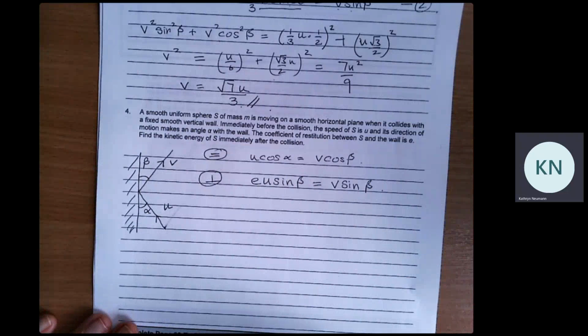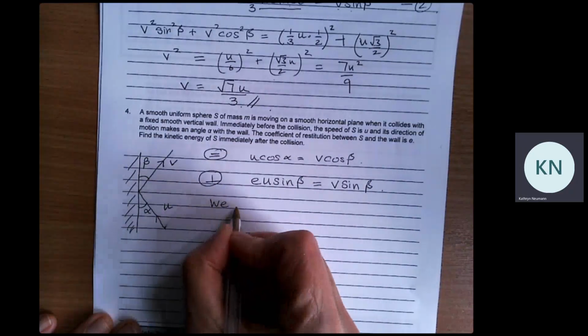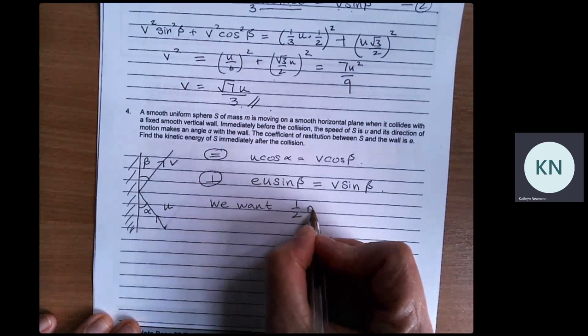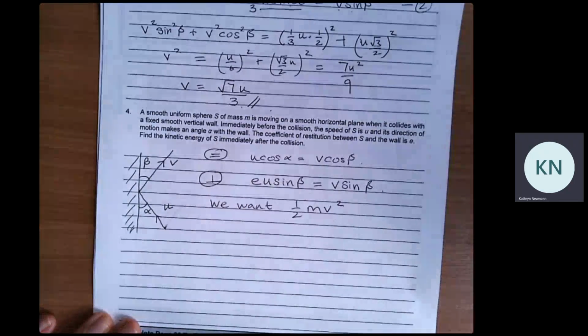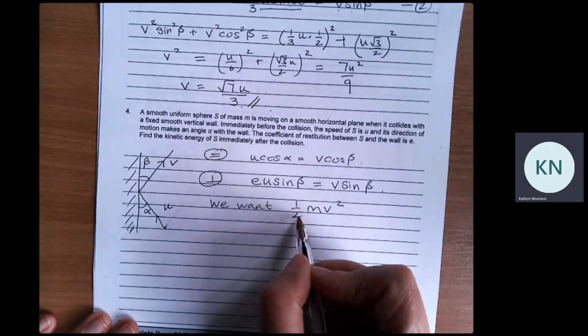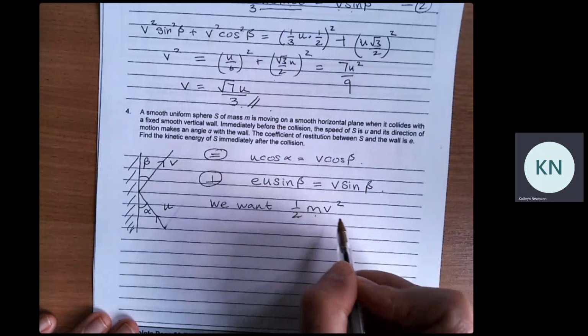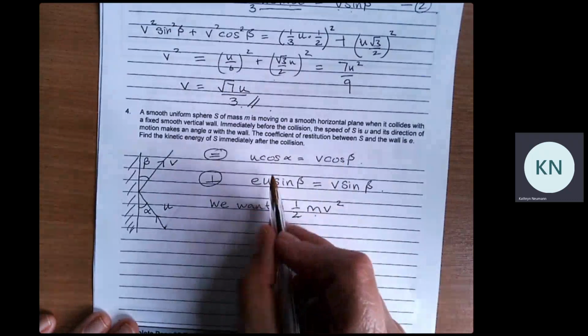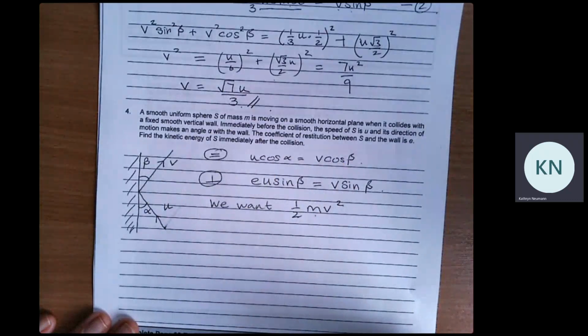So those are my two equations. We want the kinetic energy. So we want a half m V squared. So what we're going to look at is working out a half m and then V squared from squaring these two terms here and writing it in terms of U and cos alpha.